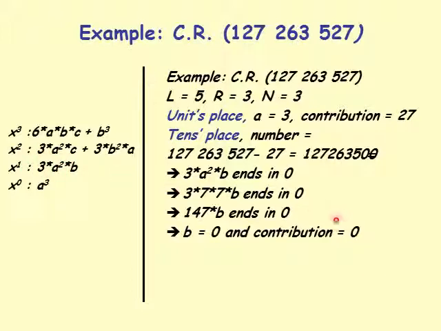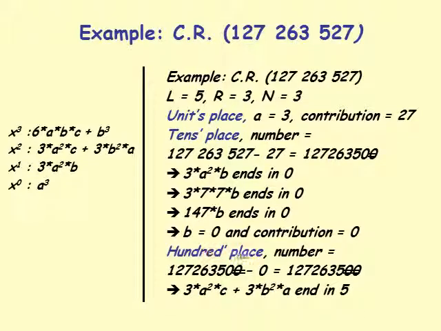So we got one more digit here. For the hundreds place, the number is this number minus 0, and I would need to cross out one more digit here. Units and tens place we have already used, so we'll start working with the hundreds place digit.